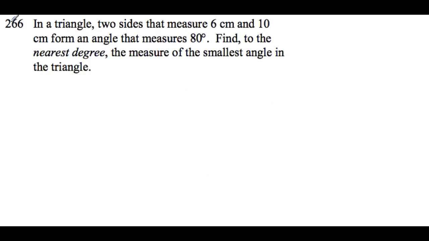All right, number 266. In a triangle, two sides that measure 6 and 10 form an angle that measures 80. Find, to the nearest degree, the measure of the smallest angle in the triangle.